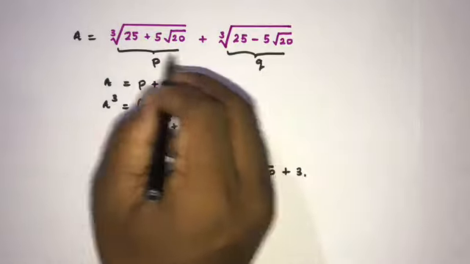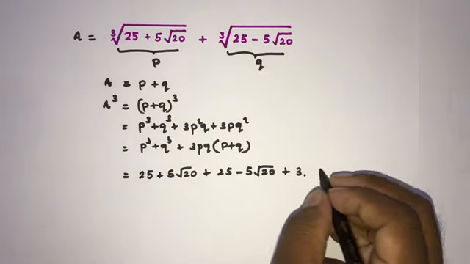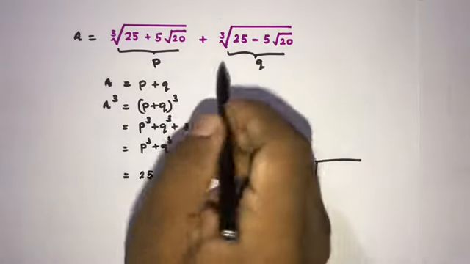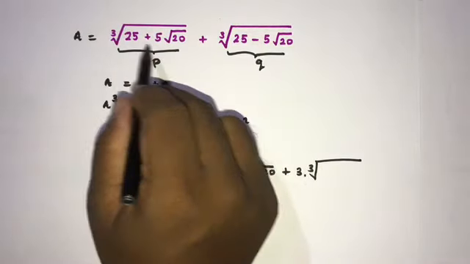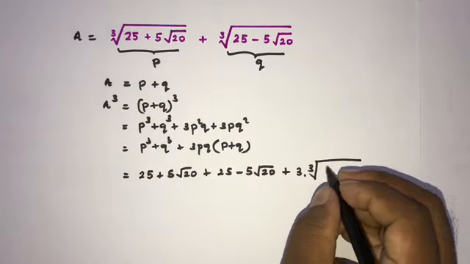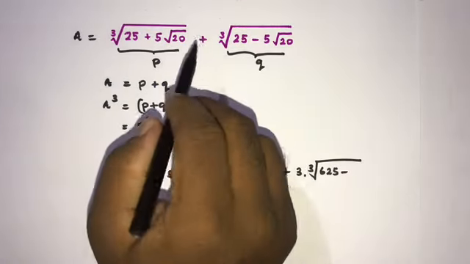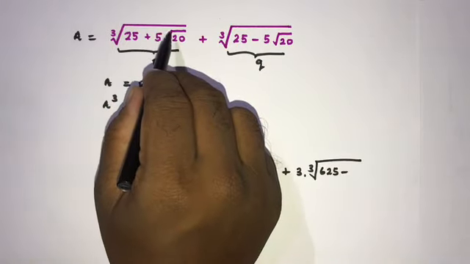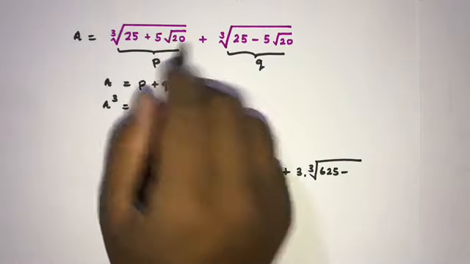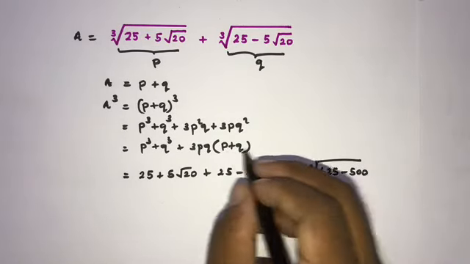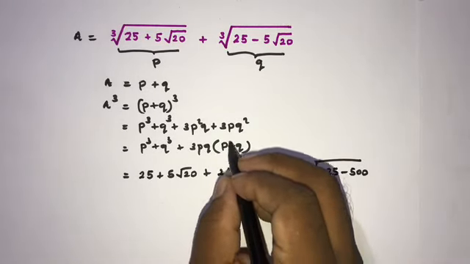Now the product of this part: the cube root of, if we multiply this, we have a difference of squares, so 25 squared is 625 minus 5 squared times 20, so 25 times 20 is 500, and then 3 times pq times (p plus q).